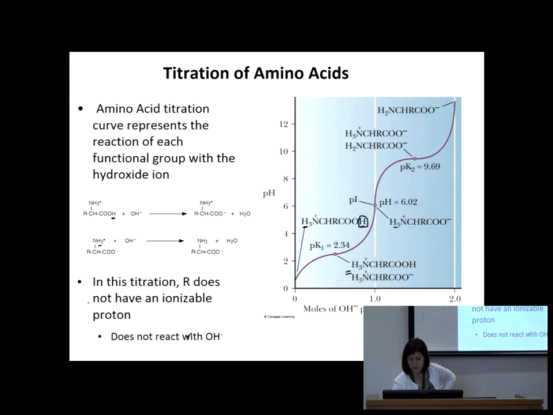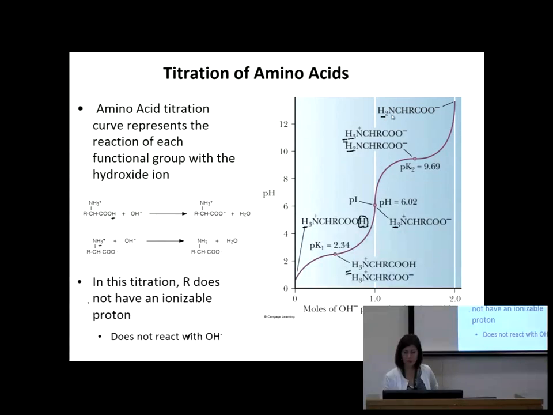So here we're going to go after this one. Now at this pKa, we have equal concentrations of proton on and proton off until we keep going, and we have more of the conjugate base, more of the NH2 here, until we only have that.